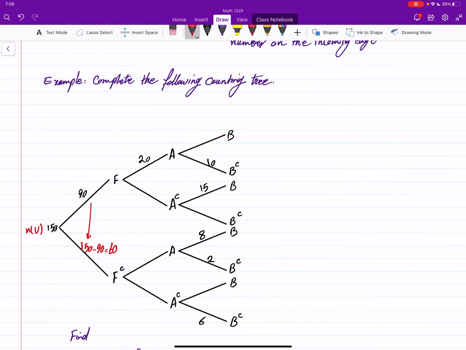The same argument can be given here. The incoming is 90, and one of the outgoing numbers is 20, so the label here must be whatever is left, that's 70. I can use the same argument here: 70 minus 15, this must be 55. Here 10 of that is gone there, so the rest should go there.